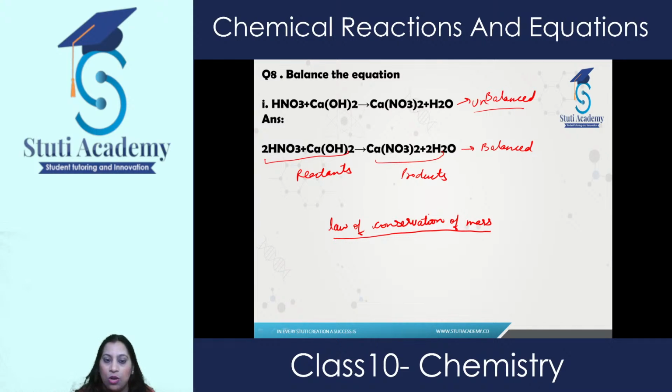What does this law state? It states that the amount of reactants is always equal to the amount of products, or the mass of reactants is always equal to the mass of products. Reactants and products are always equal.